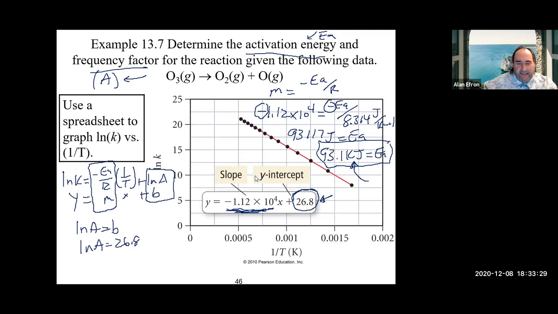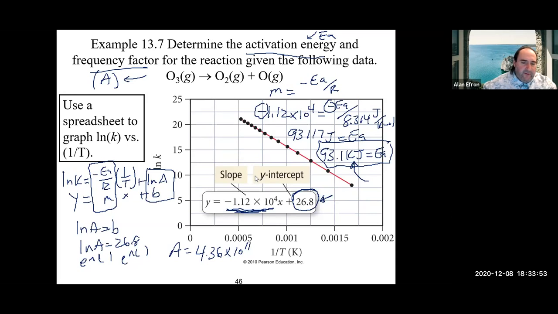We would need to take the E of both sides like we did a little bit earlier. And if you do that, you get an A that is equal to, in this case, we'll call it 4.36 times 10 to the 11.